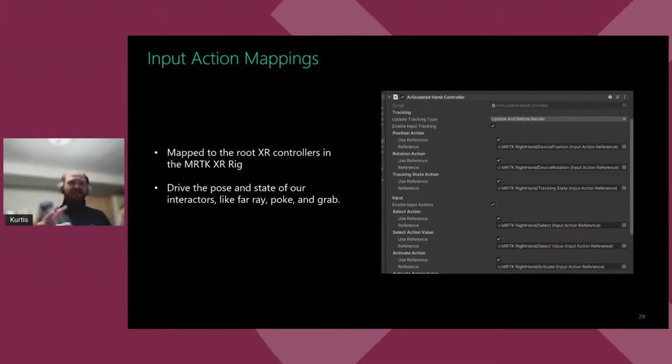The controller, being this XR controller, doesn't really care where it came from. It's like, I don't care where the select came from, just tell me when I should be selecting, right? And then this drives our interactors, like far ray, poke, grab, which then drive interactables when you're interacting with them. Cool. So that's the input system.